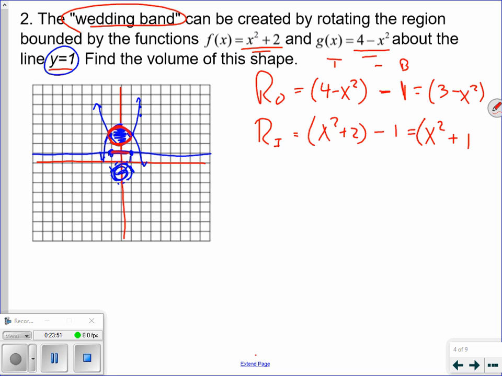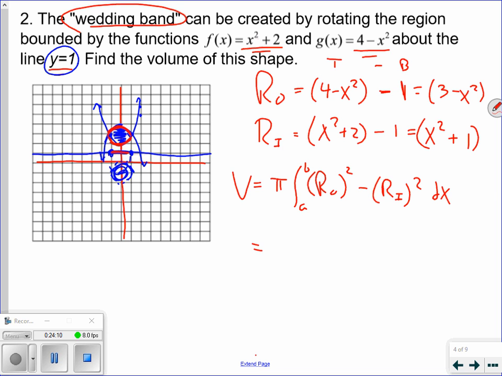So then remember the equation for volume for washer. It's the integration from a to b of my outermost radius squared minus my innermost radius squared.